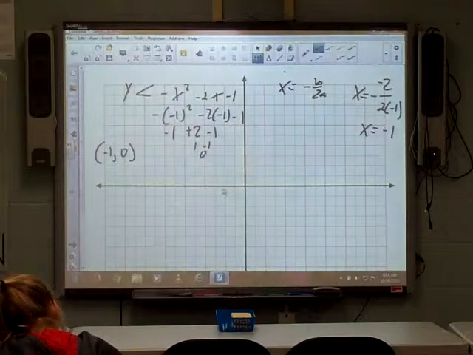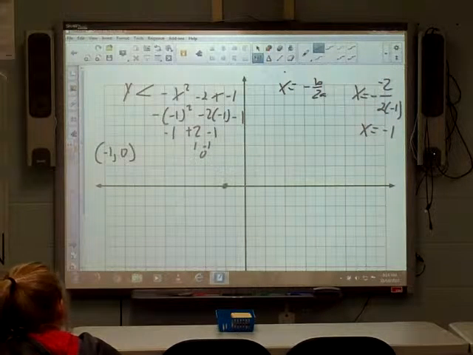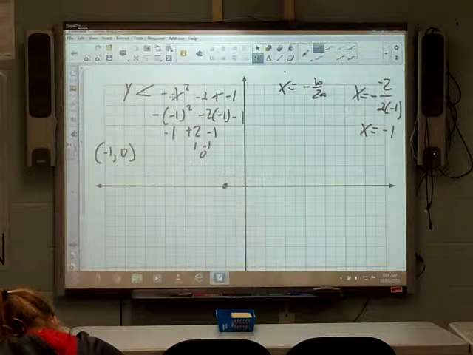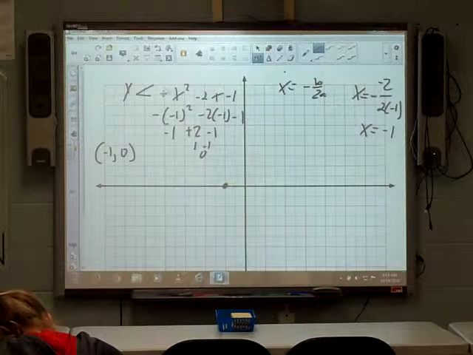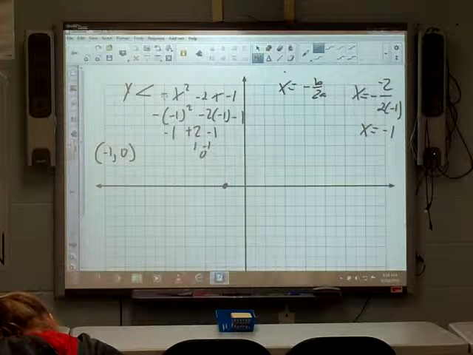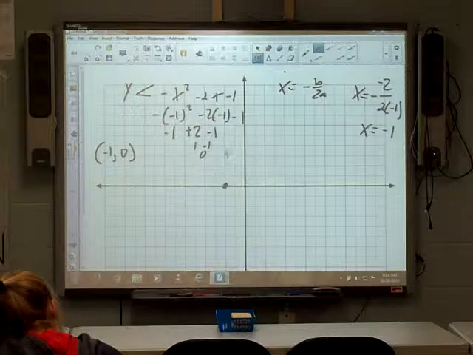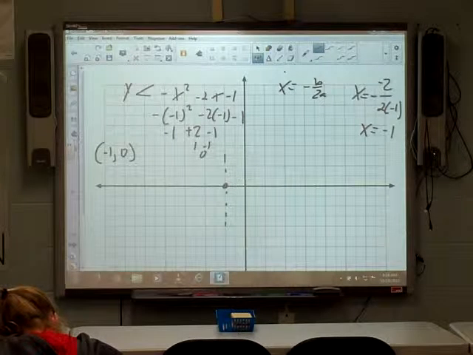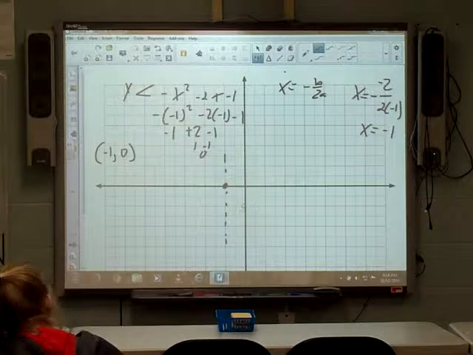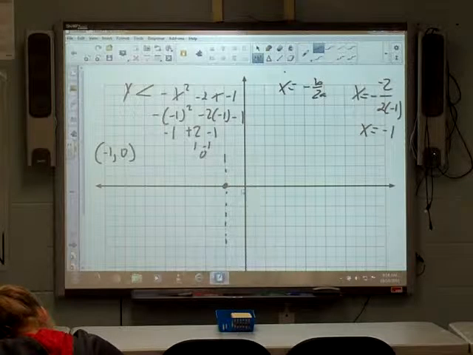Go left 1 and up 0. So there's our vertex. Now I know this is going to open down because of that sign right there. My a is negative, so it opens down. I'm going to plug a 0 in for x to get another point.